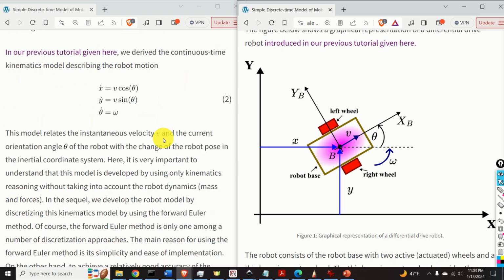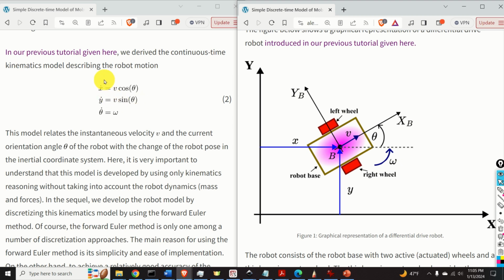In our previous tutorial, whose link will be given in the description below, we derived a continuous time kinematics model describing the robot motion. The kinematics model is described by these three differential equations. This model connects or relates the instantaneous velocity v and the current orientation angle theta of the robot with the change of the robot pose in the inertial coordinate system.